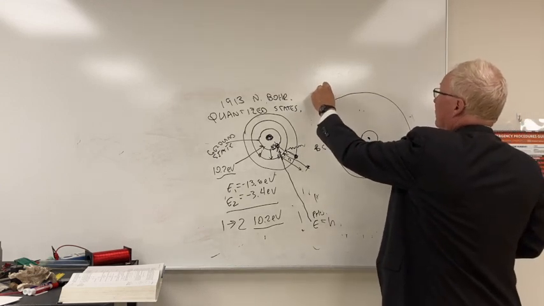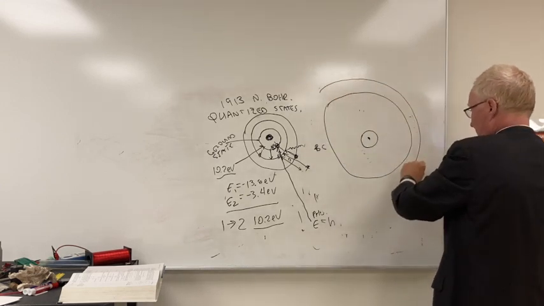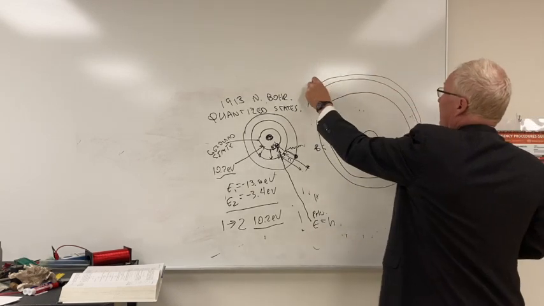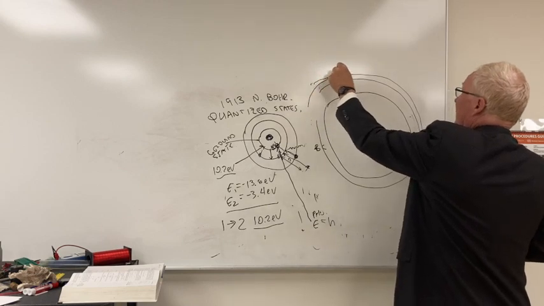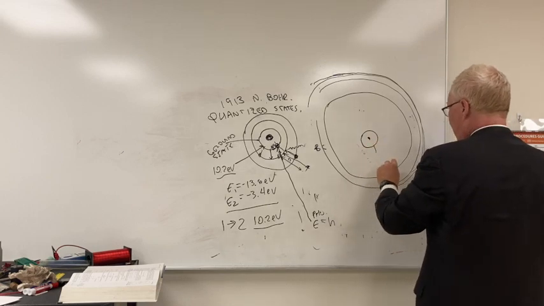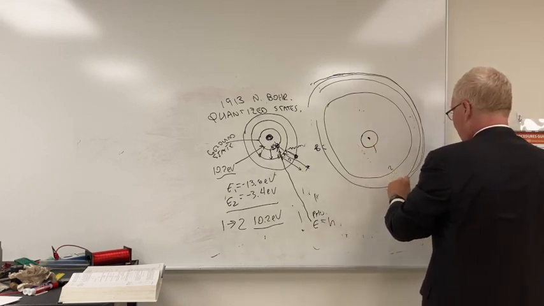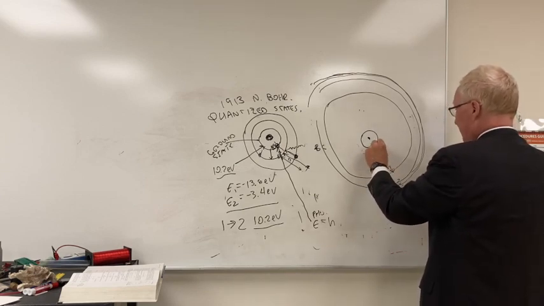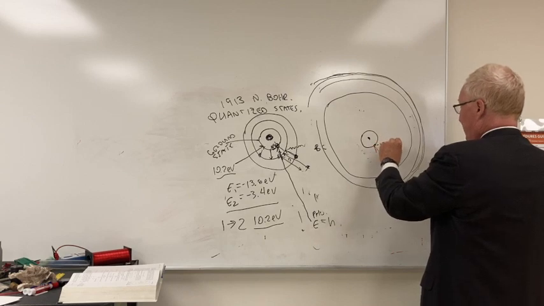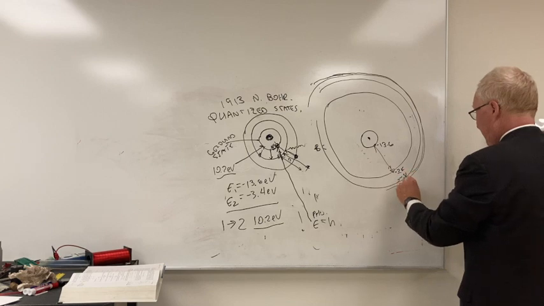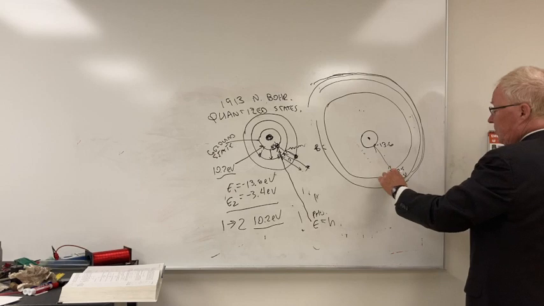Our third one would be about here, and they get progressively closer until they get infinitely close. So this will be 1, 2, 3, 4, 5. This is minus 13.6, this is minus 3.4, this is minus 1.5, and eventually this becomes 0. You can see they get closer and closer.